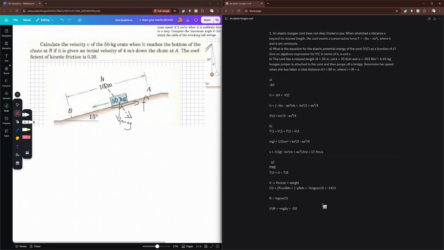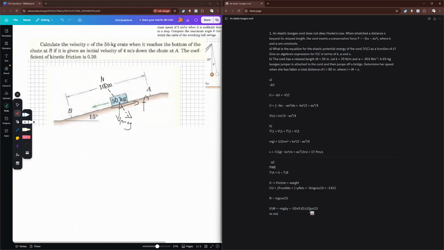And so we know it's negative 50 times 9.81 times delta y. Our change in y from here to here is just 10 meters as a hypotenuse times this here, which is opposite, so 10 sine 15.